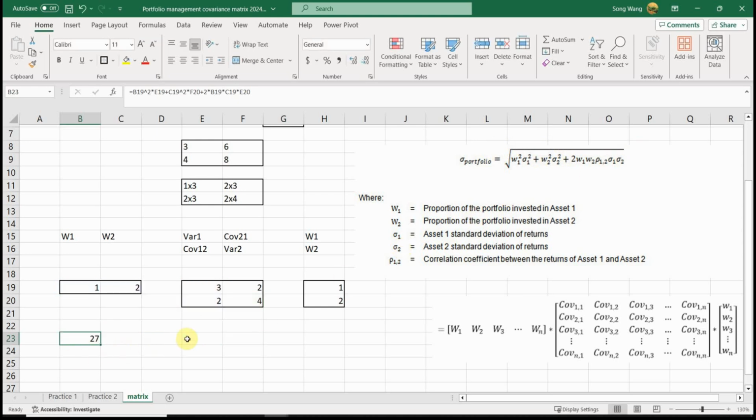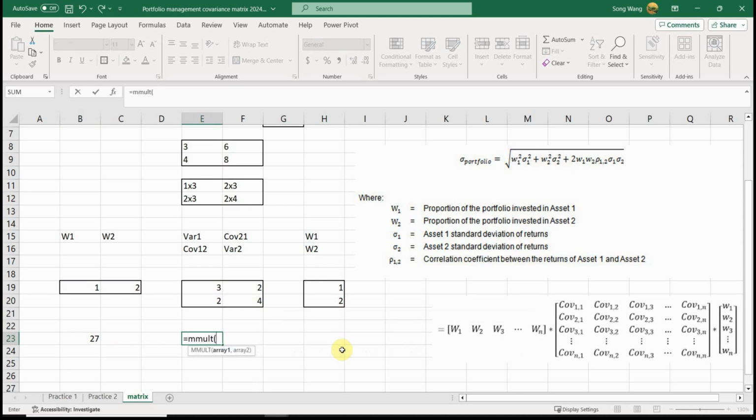Okay, and if you use the variance covariance matrix, you should use MMULT, and you're going to use this row times this matrix. So that's going to give you a 1 by 2 matrix, 1 row and 2 columns.